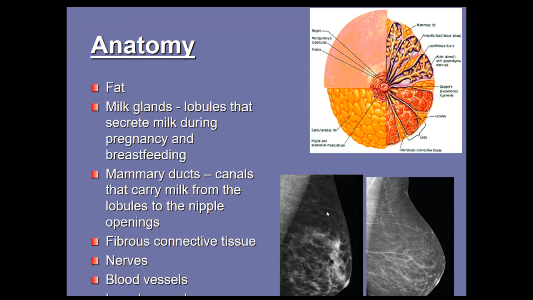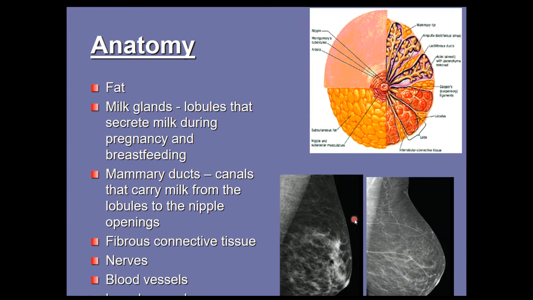I think you can see. So this gray area is the fatty area, and this white area is the fibroglandular tissue. As compared to this, the right one and the left one, you can clearly compare both X-rays. So in this picture, you can see there is more fibroglandular tissue as compared to this.